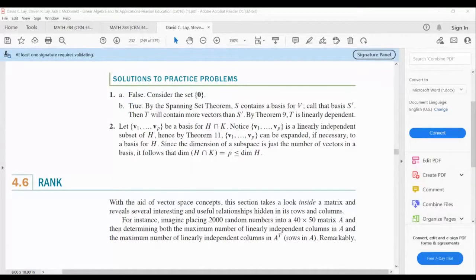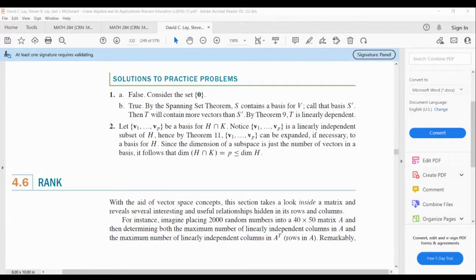Well, now you've learned about section 4.5. You've learned about what the dimension of a vector space is. And there is a rather amazing theorem in section 4.6 dealing with rank.